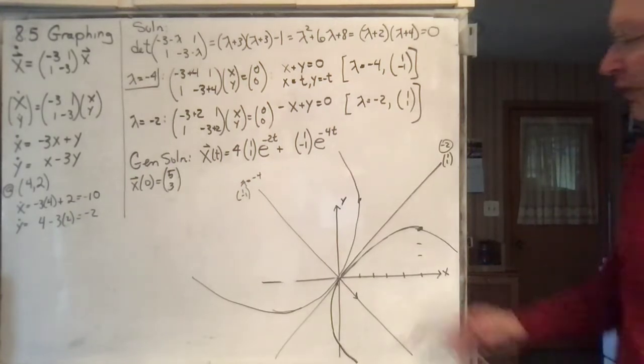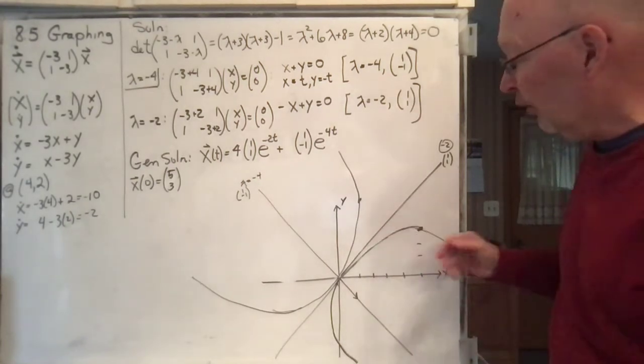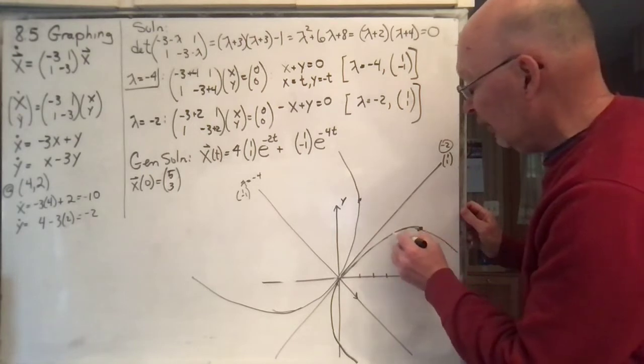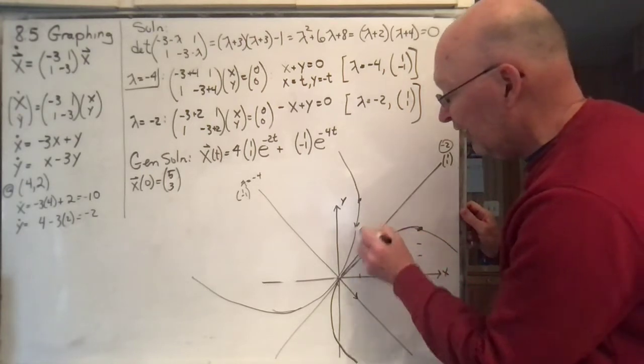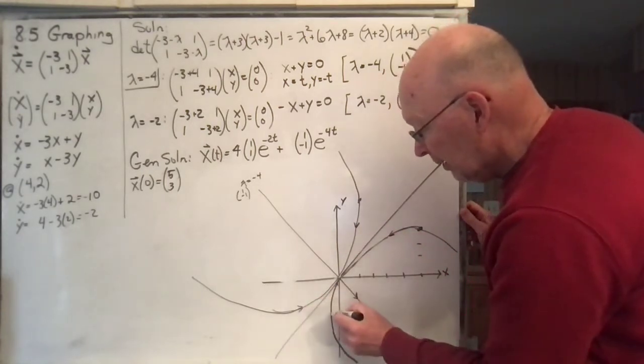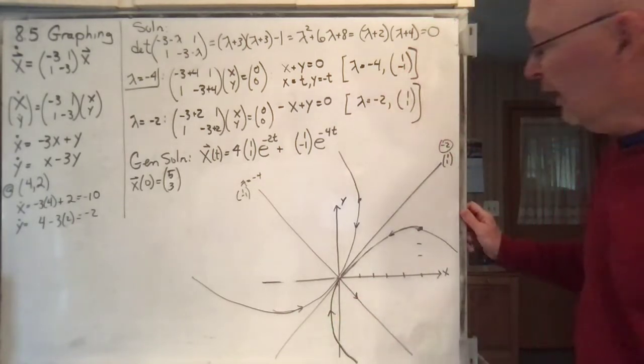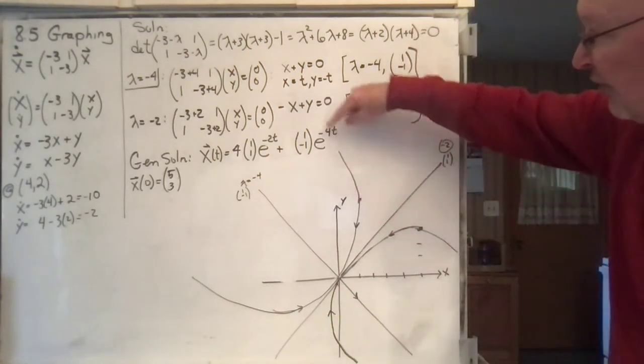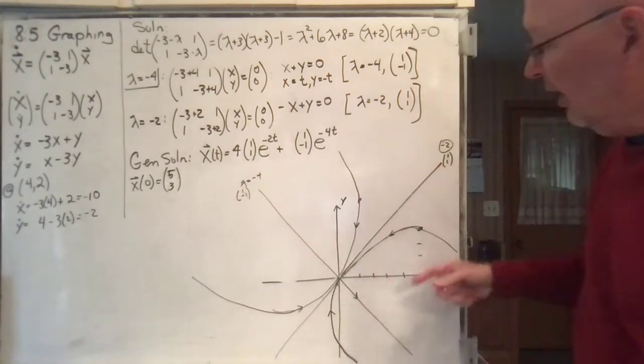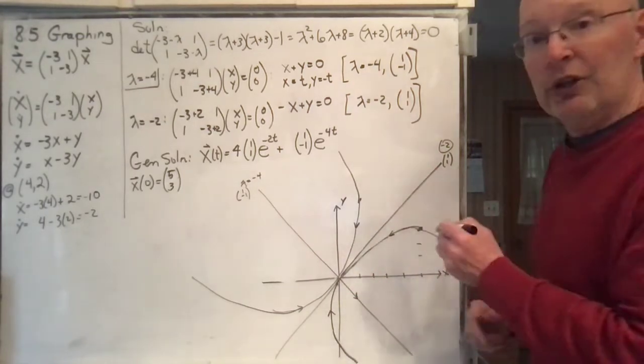So those are your trajectories. As t goes to infinity, they're all moving in this way, and you put little arrows on there to indicate the direction. So they're flowing in like this. This is called a node.